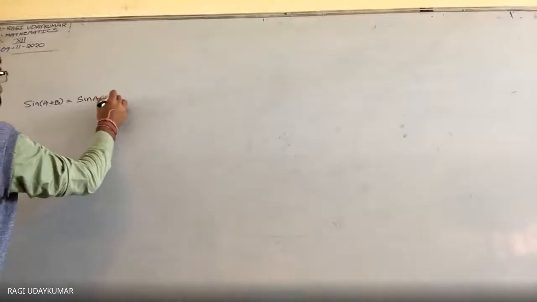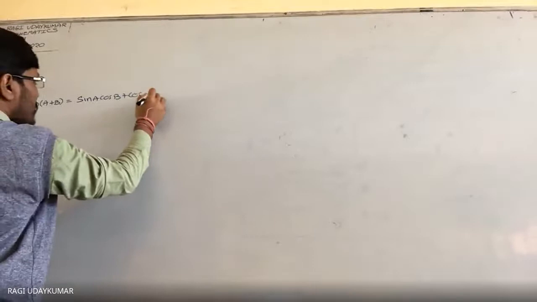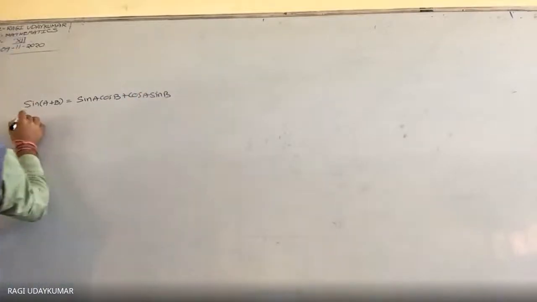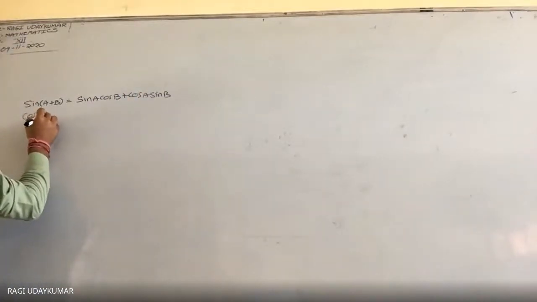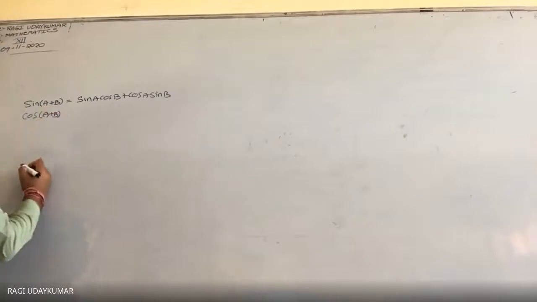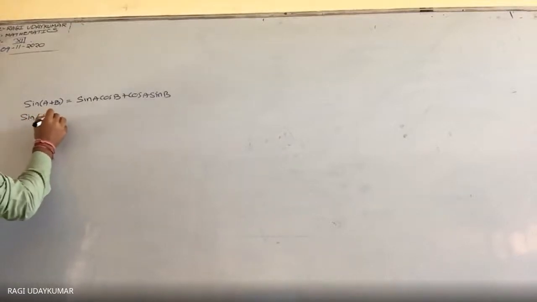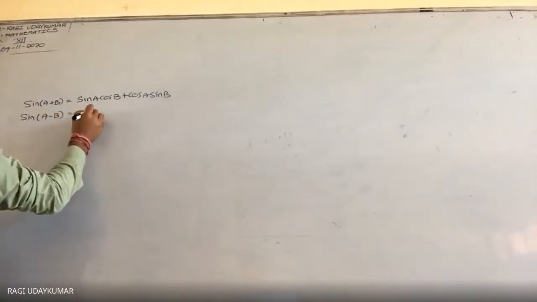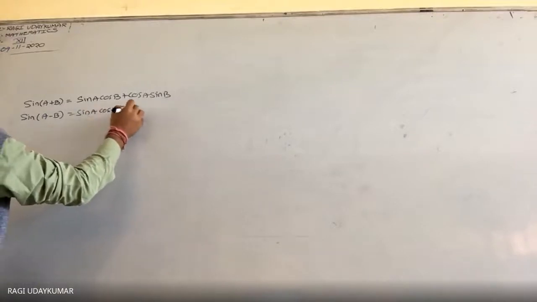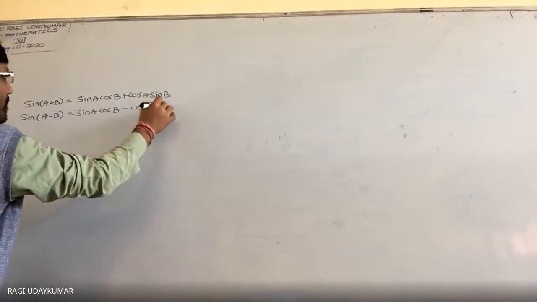Sin A cos B plus cos A sin B. Very good. Next, sin A minus B is equal to sin A cos B minus cos A sin B.